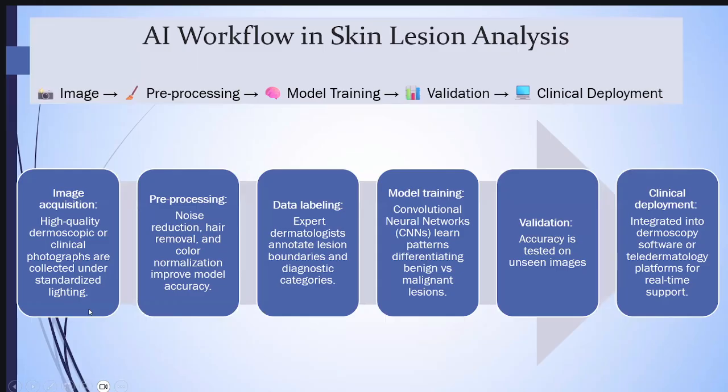At least educational institutions, tertiary level or quaternary level hospitals should have this facility, and there should be a database for this. And then pre-processing: you have to do some moderation for this, because you have to improve the accuracy. So based on the color, the age of the patient, the skin color, the hair, everything, you have to do some pre-processing so that the accuracy improves.